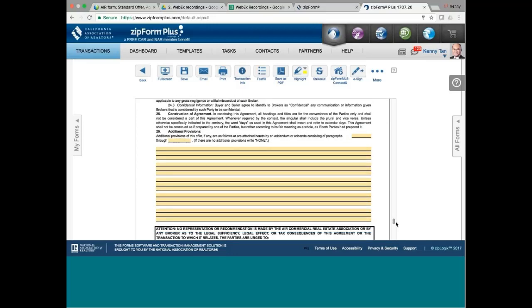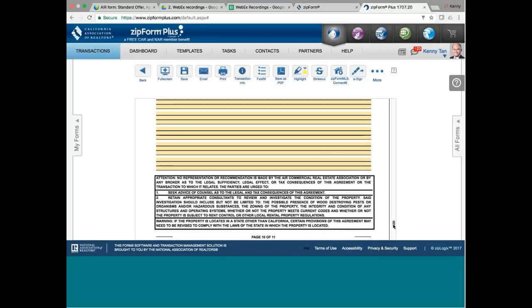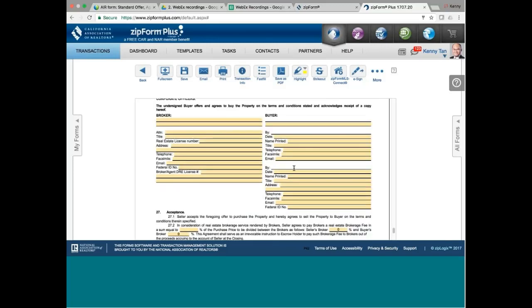Now, if you want to add anything else, you're welcome to do that. You can either add them here or you can use an addendum. But I think as much as possible, use the open space here if you want to add something. And then on the signature page, you've got the broker portion and the buyer portion.